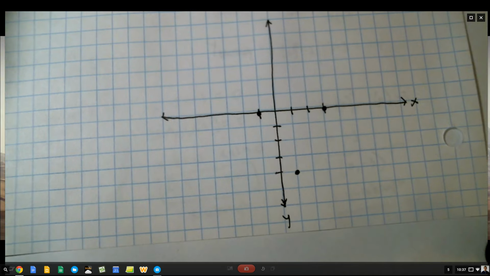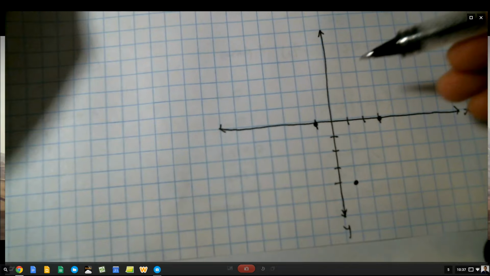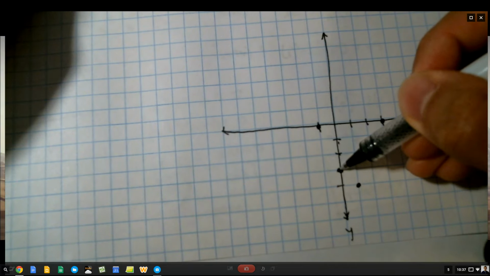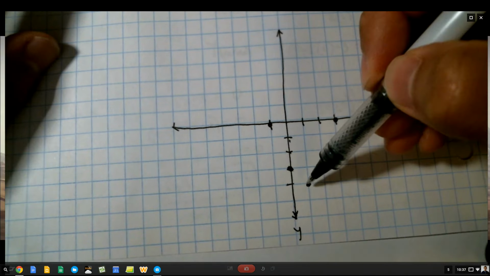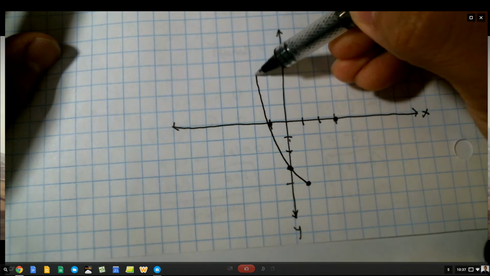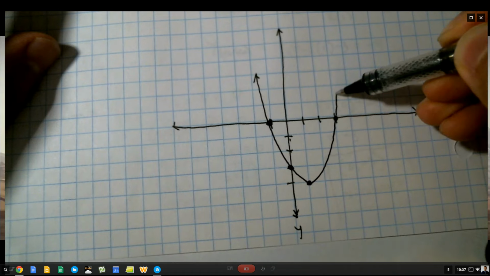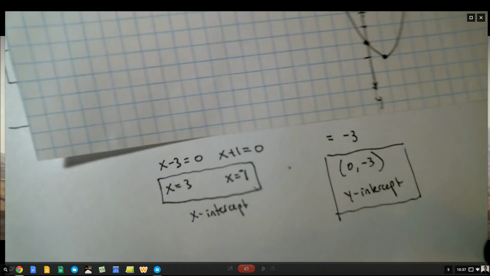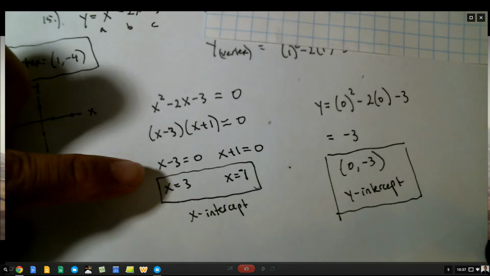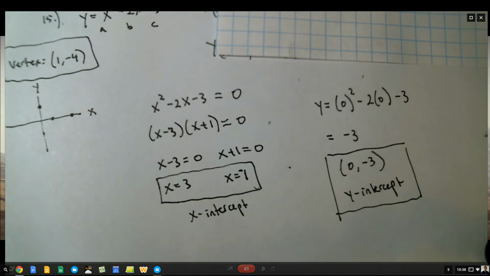And we also know that the y-intercept is at (0, -3). Bam. Notice we have a lot more points now, so we're able to draw a much more accurate graph than before. We got the vertex, the x-intercept, and the y-intercept. We graphed it pretty much.